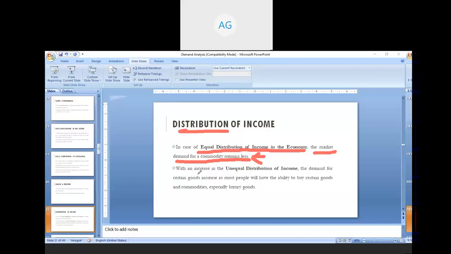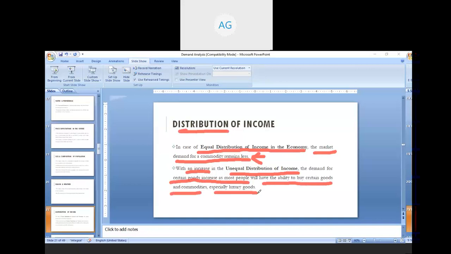But with an increase in the unequal distribution of income, which is the condition in our country, the demand for certain goods increases, as some people will have the ability to buy certain goods and commodities, especially luxury goods.